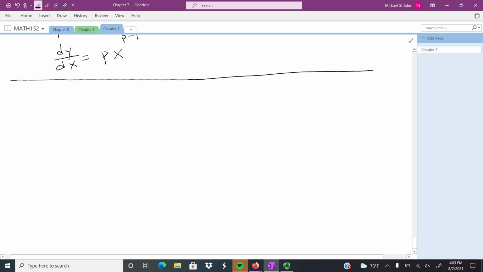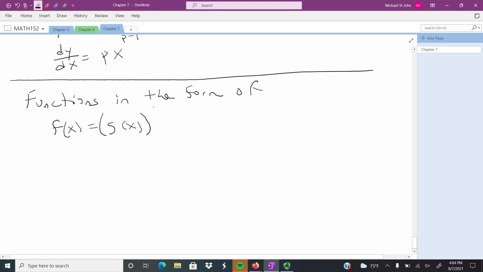Well, then if we have functions in the form of f of x equals g of x raised to the h of x, then this is equal to e to the h of x ln g of x.